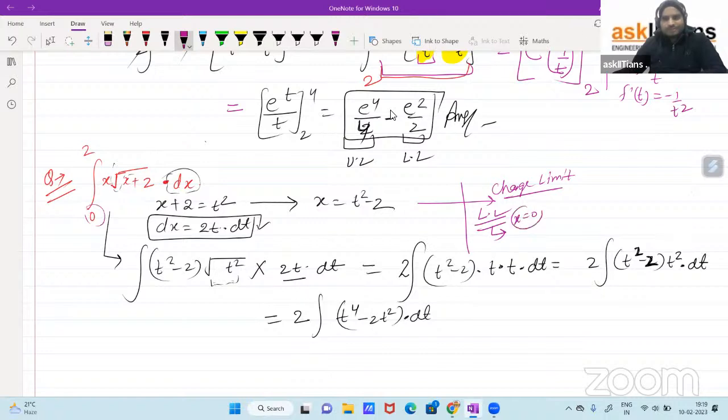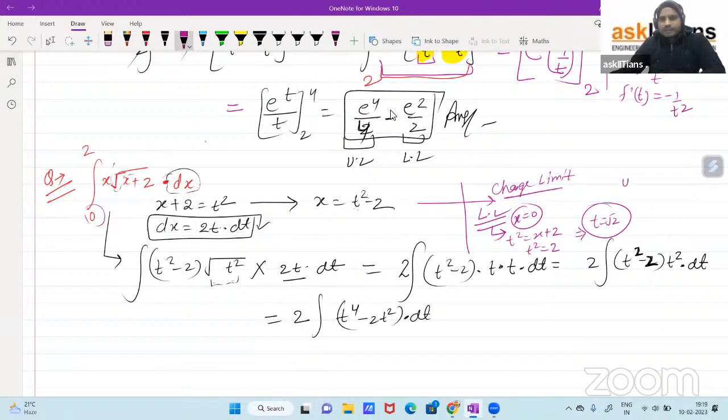Sorry, t square is x plus 2, so t square you are getting 0 plus 2, that will be 2. So t is equal to root 2. We are taking t as positive.